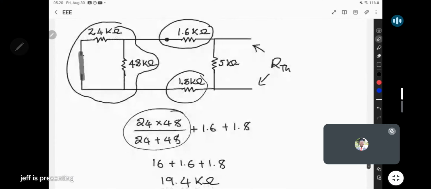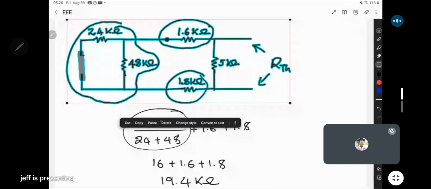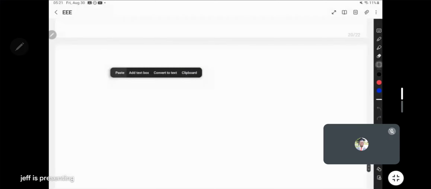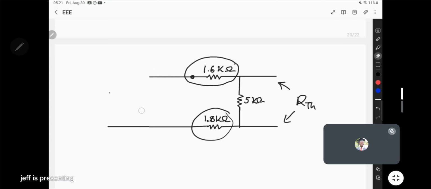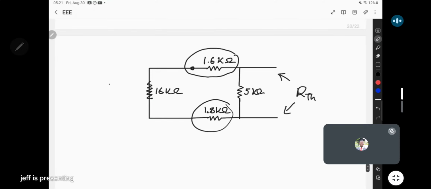So far, if we get our circuit to just show you how far it has been reduced. We first combined these two and they reduced to just one resistor, and that resistor was a 16 kilo ohm resistor. After that, the 16 kilo ohm resistor, the 1.6 and the 1.8 ended up being in series.